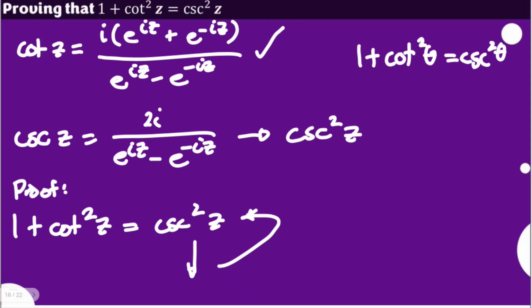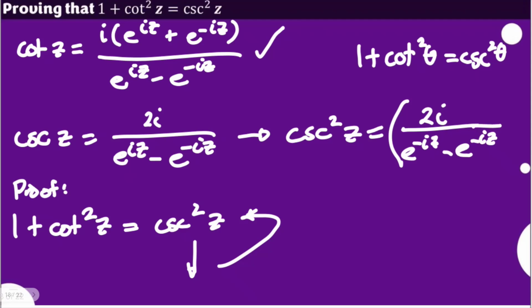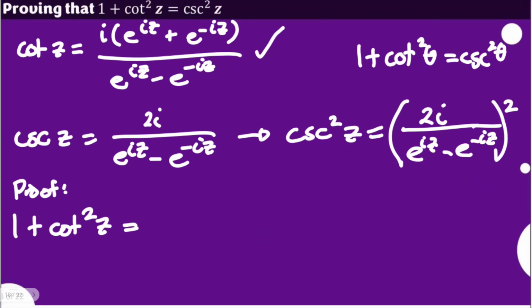So we're just simply squaring the entire expression. You can have here 2i over e to the power of iz minus e to the power of negative iz. Sorry, it's e to the power of positive iz here and e to the power of negative iz, and you square that, right? So we will actually be guided by our target. We would know later on if our process is leading towards that.